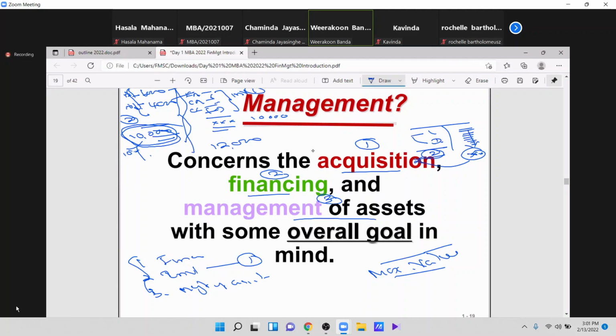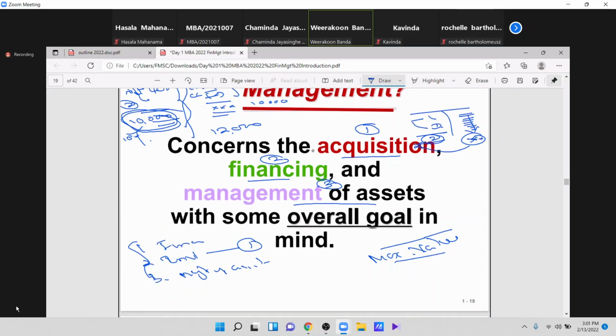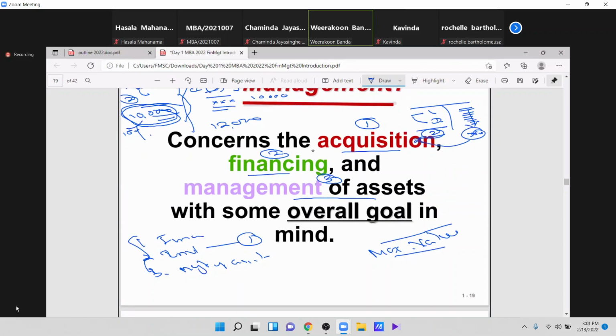The third point is the overall goal in the management of assets. When you read different textbooks, the financial management functions can be explained in different ways. Sometimes a textbook explains there are two main kinds of functions: one is investment, second is financing, nothing other than that.